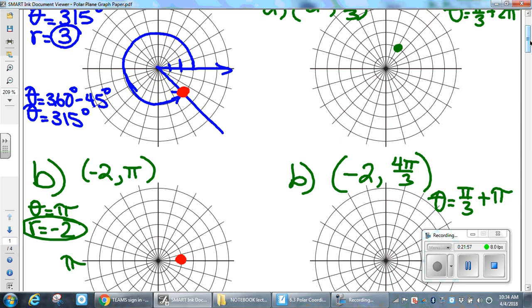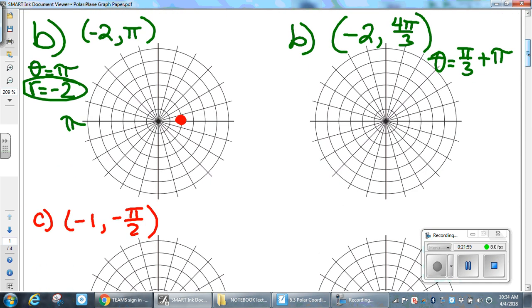And so if we find 4π/3, it's going to be, here is 1π/3, 2π/3, 3π/3, and then 4π/3 right here. The radius, instead of being +2 over here, is going to move across. Let me erase all this stuff I have. Okay, so that is 4π/3, right?